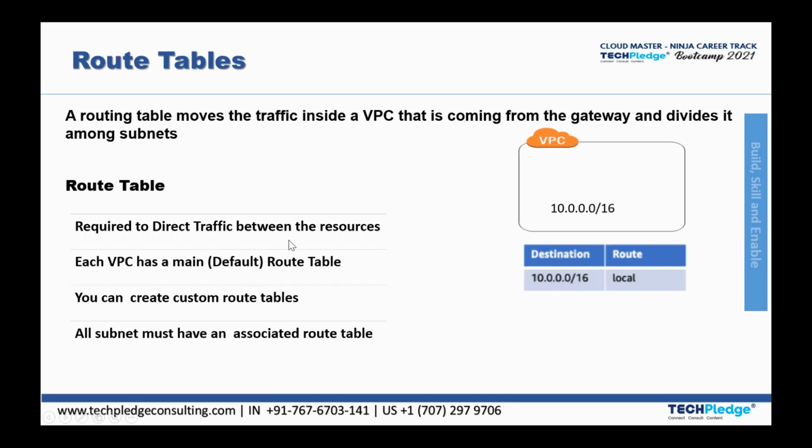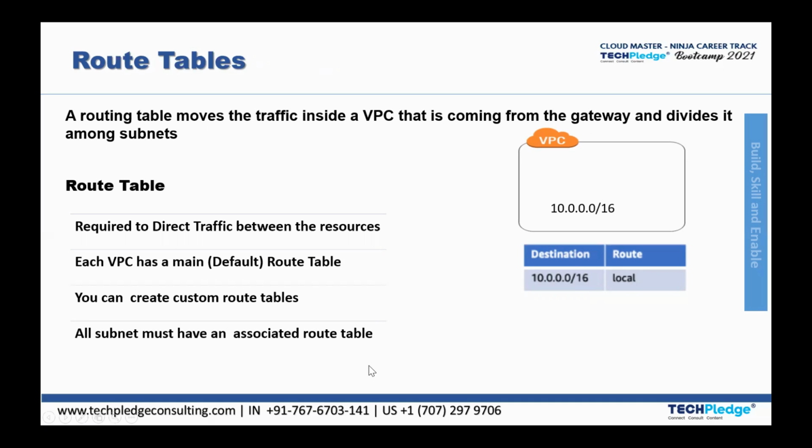On that diagram, we have the EC2 instances as the resources. Each VPC has a main default route table, meaning whenever we create a VPC, AWS will automatically give us the default route table. But that doesn't mean we cannot create our custom route tables. Yes, of course we can create that.